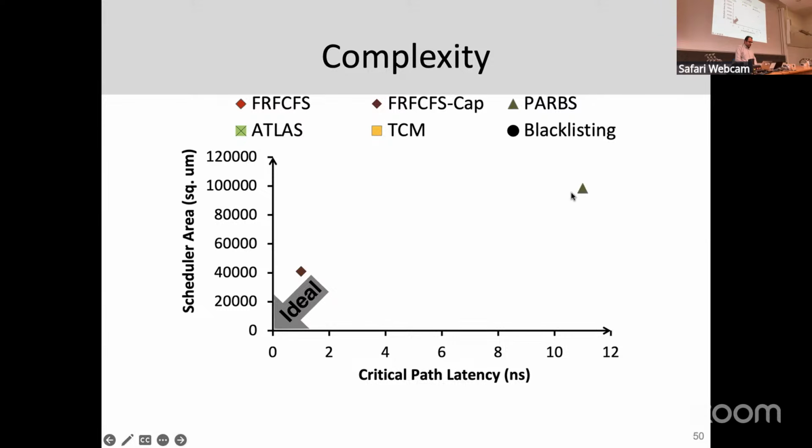PAR-BS is actually quite complex. ATLAS is somewhere here, TCM is somewhere here. But blacklisting is relatively simple. It's very similar to FR-FCFS. So the area is not that different, and the critical path latency is around 2 nanoseconds, which makes it a very good technique.